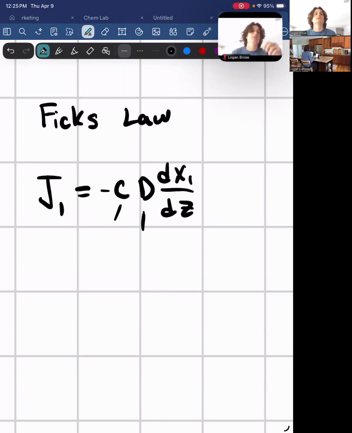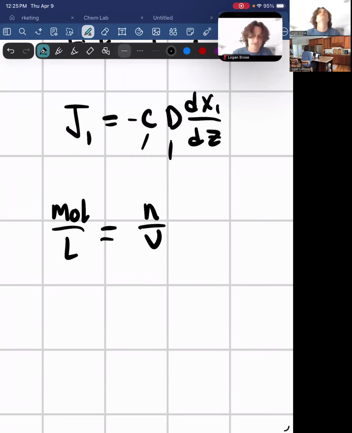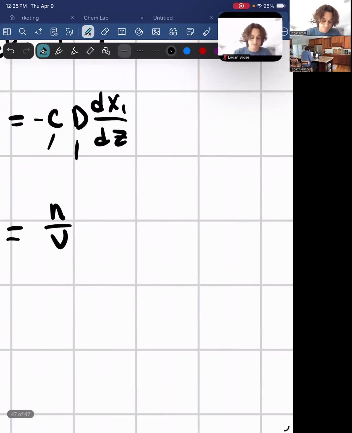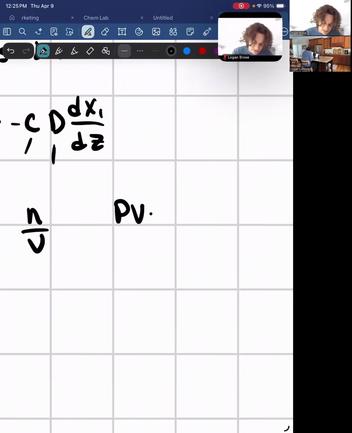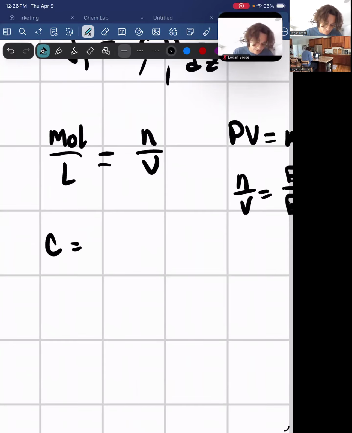And then when we look at concentration, we know in this case we'll be looking at molarity, so it's moles per liter. Well, what is moles per liter? That is N over V. When we look at the ideal gas law, PV equals nRT, and solve for N over V, we get P over RT. So concentration can be written as pressure over RT.